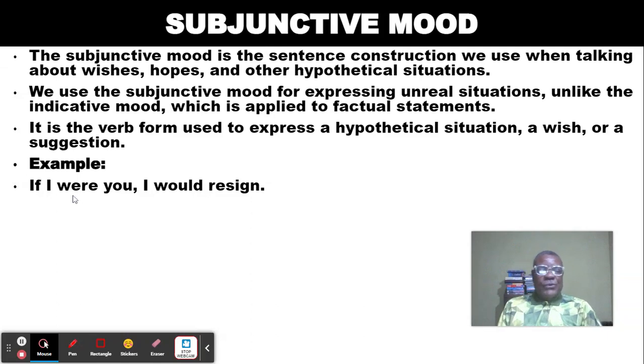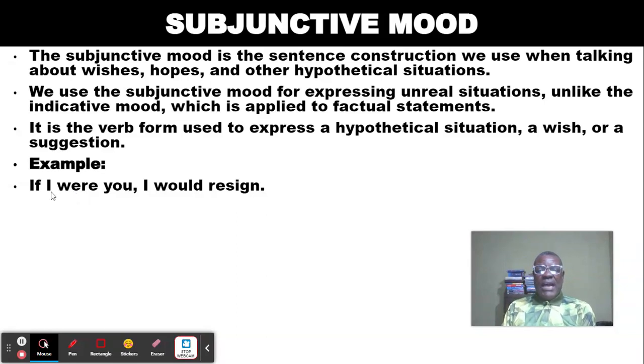If I were you, and when you look at this, you see that on the surface, this verb form breaks the rule of concord because you use was or is with I. In the indicative mood, you can never speak or write like this.